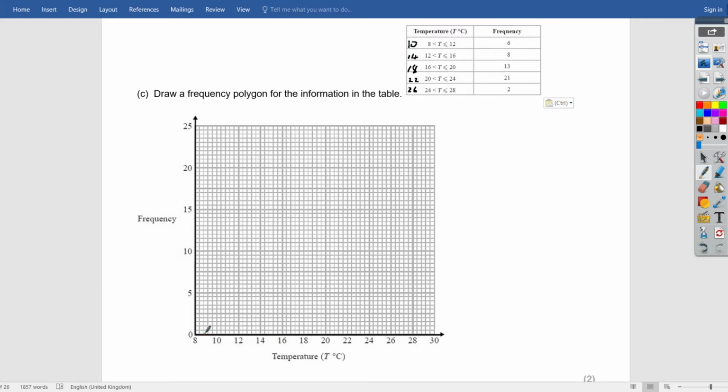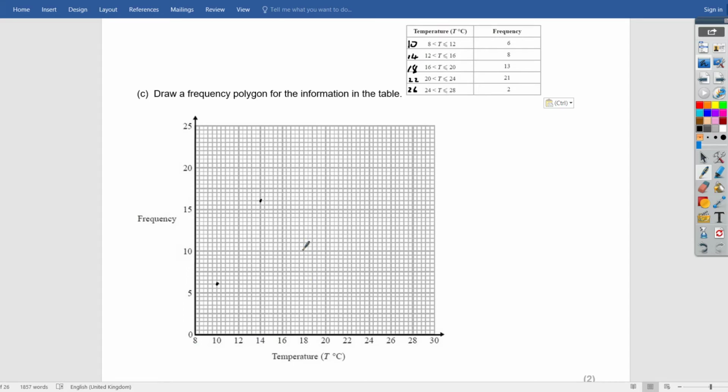Let's go for it. So midpoint is going to be 10, and that has a frequency of 6. Now, before we start, two of these are representing 1 degree. So if I go into 10, that's going to be 6 here. Midpoint is 14, and that's going to have a frequency of 16. So that's 15, there's 16. Next one, we've got 18, and that's going to have a frequency of 13.